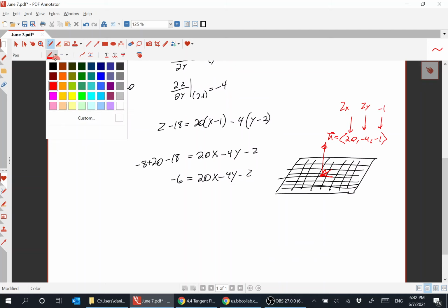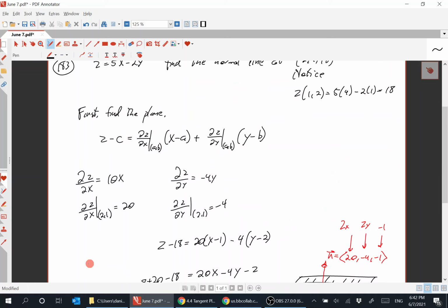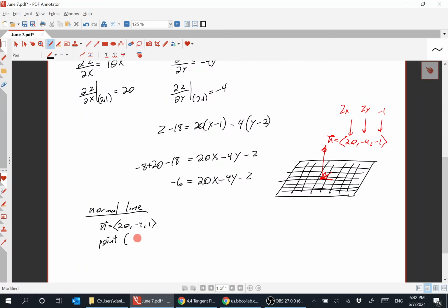Right, so the normal line has direction vector n equal to 20, minus 4, 1, and contains the point 2, 1, 18.